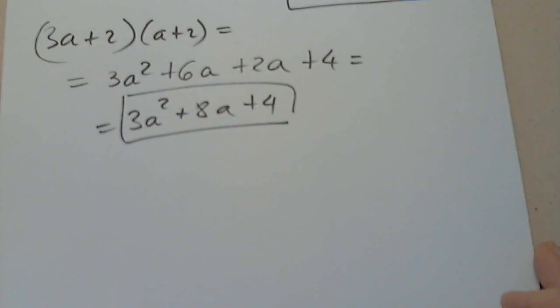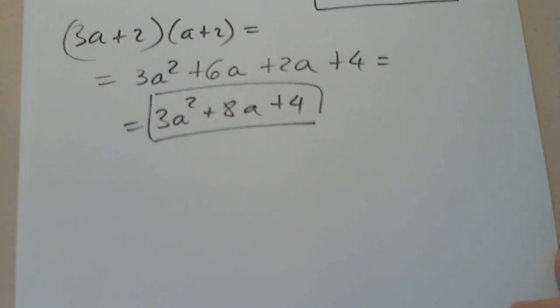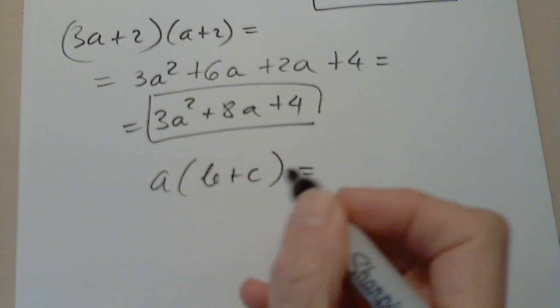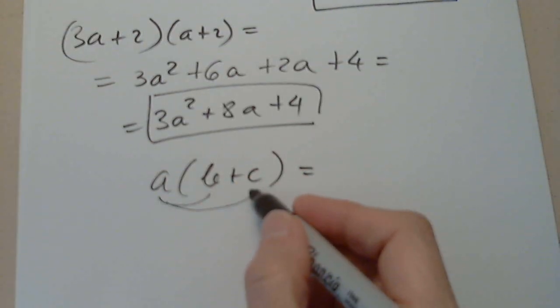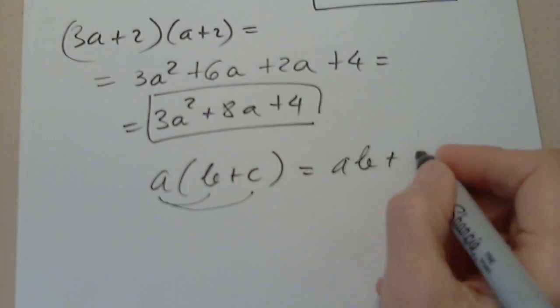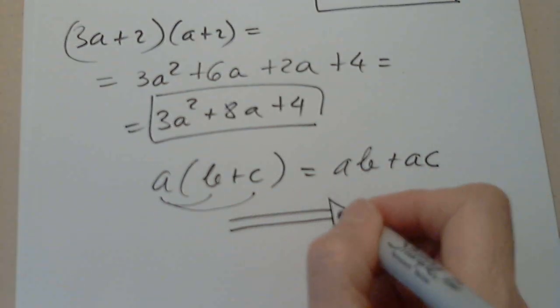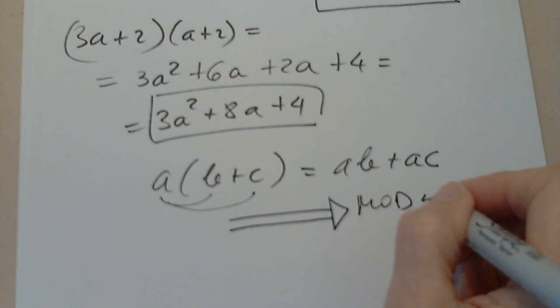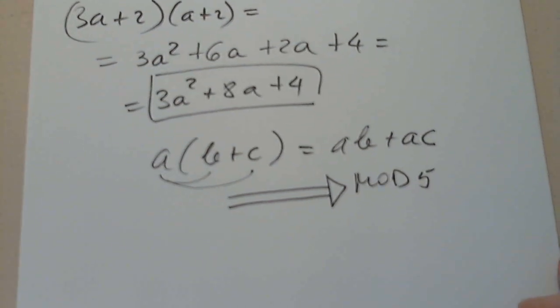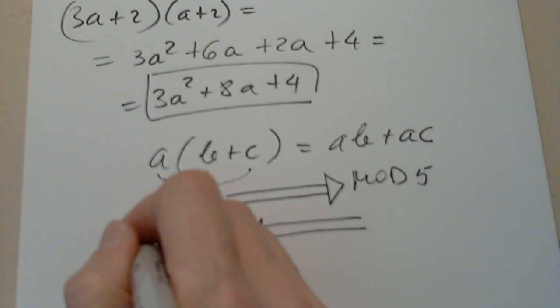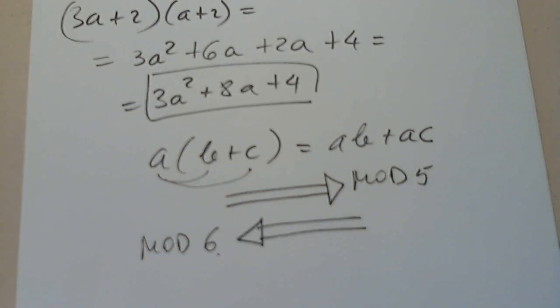Let me again emphasize something very important here. When we distribute to all terms, I will have AB plus AC. Going this way, this is module 5. And when we get to module 6, and the files that I send you, this will be module 6.